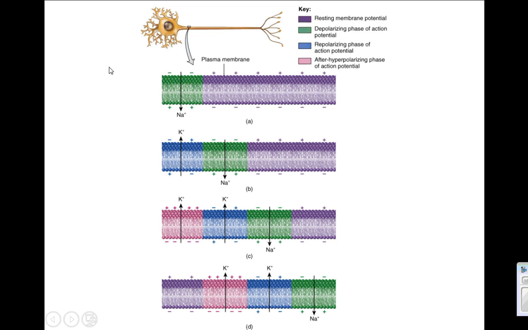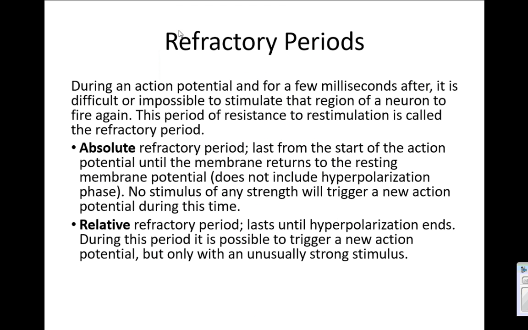Okay, because if we're still stimulating that neuron, it's going to continuously create action potentials. But it will only do so as long as it returns itself back to resting membrane potential first. That's what the refractory period is referred to.